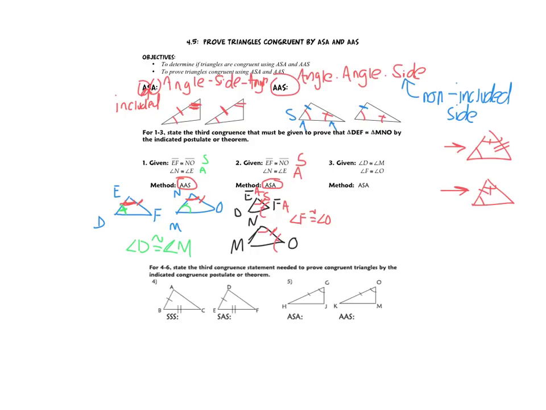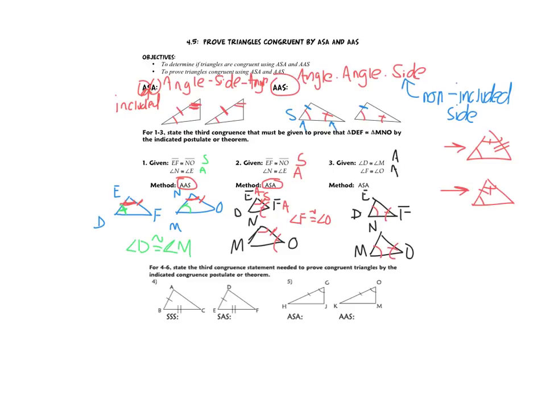Alright, so let's go ahead and do number 3. Draw two triangles. Label them DEF and MNO. And now let's see, they gave us two angles. They gave me that angle D is congruent to angle M, and then also F is congruent to O, so those two are congruent.